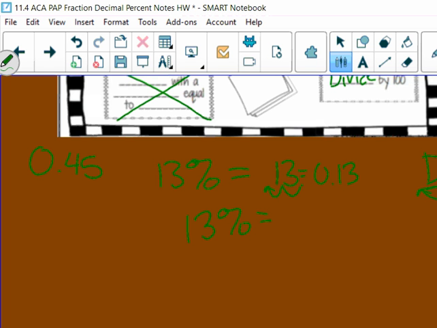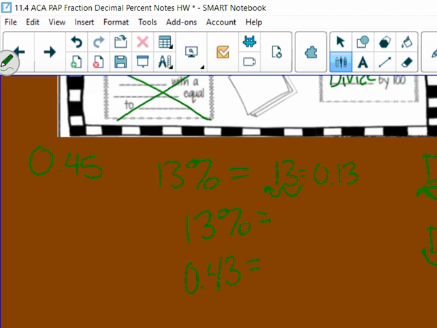If I start with a decimal, I'm starting here, and I need to move it 1, 2 to the right, which is doing what with 100? Multiplying. So I think of Dr. Pepper because if I do it in that order, it always tells me I need to either move it 2 to the left or 2 to the right, depending on what I'm talking about. I don't even need to do that math. It's just really easy mental math.